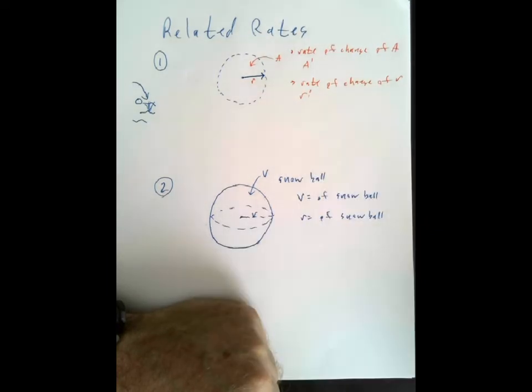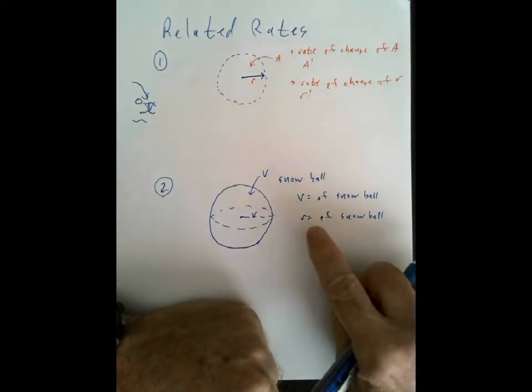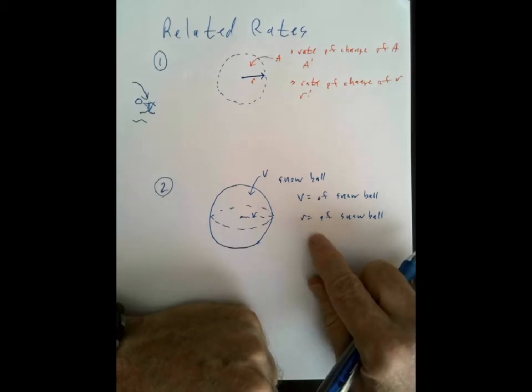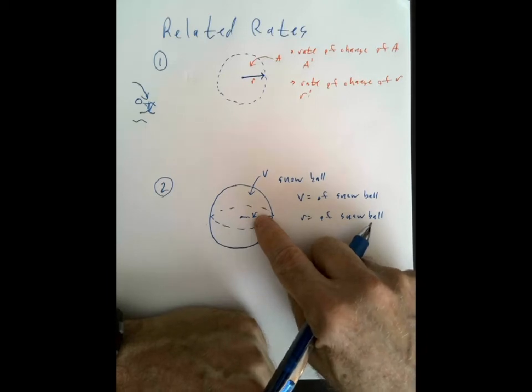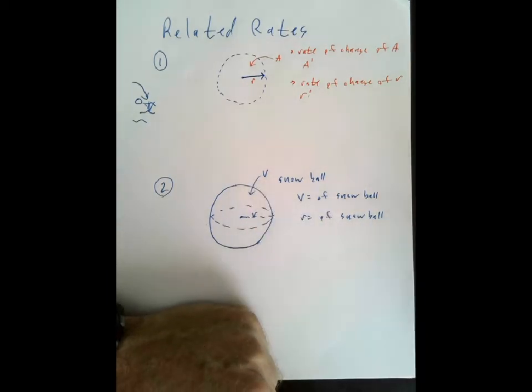The algebra problem would be, if I tell you the radius of the snowball, you calculate using the formula for the volume of a sphere, which is roughly the shape of the snowball, and you'd be able to tell me what the volume is.